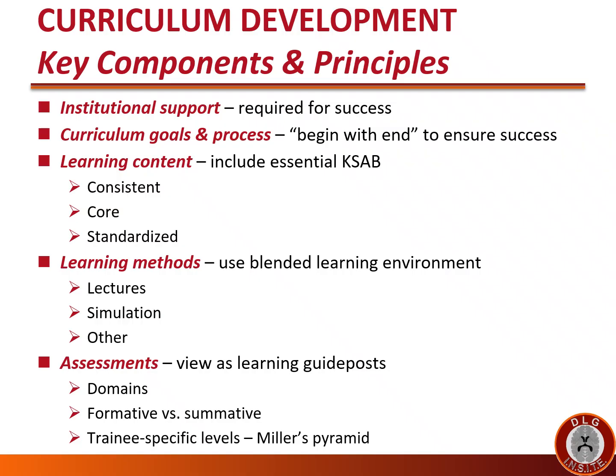Learning methods, using a blended learning environment that includes lectures, simulation, and other means of learning. And assessments, and how to view them as learning guideposts, talking about assessment domains, formative versus summative assessment, and trainee-specific levels, discussing Miller's pyramid.